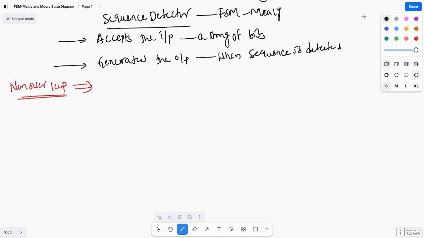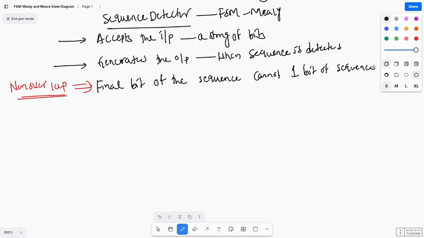So that means the final bit of the sequence cannot be the first bit of the next sequence. And this is non-overlap.